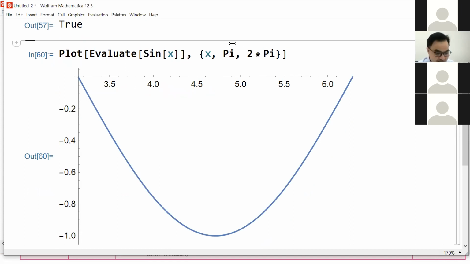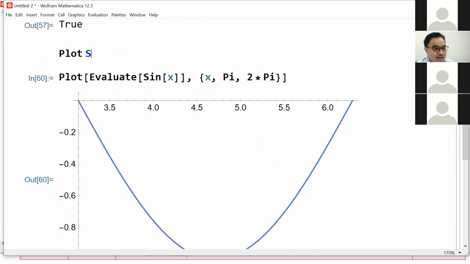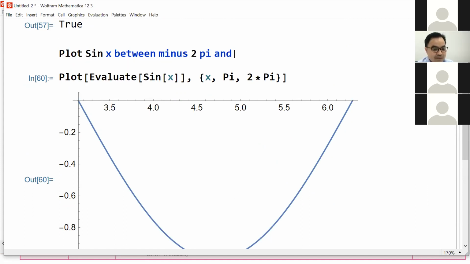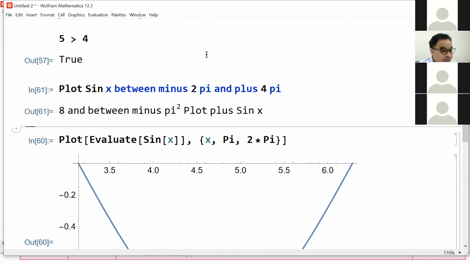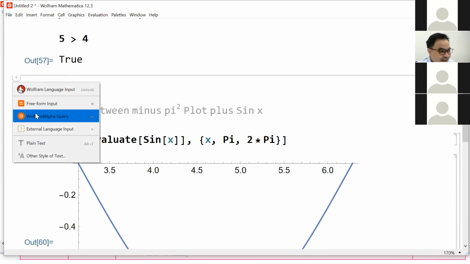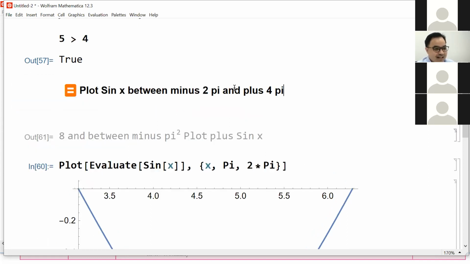So let's say plot sine x between minus 2 pi and plus 3/4 pi. Oops. Plot sine. Oh, sorry. I have to do this. I have to say, oh, free-form input.